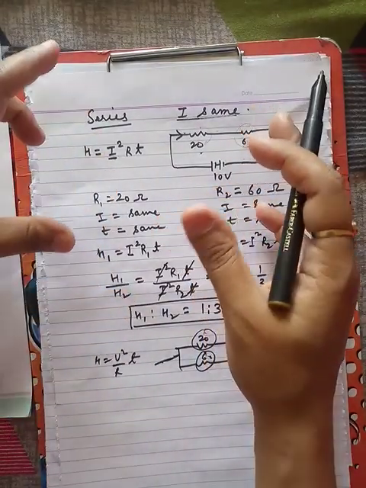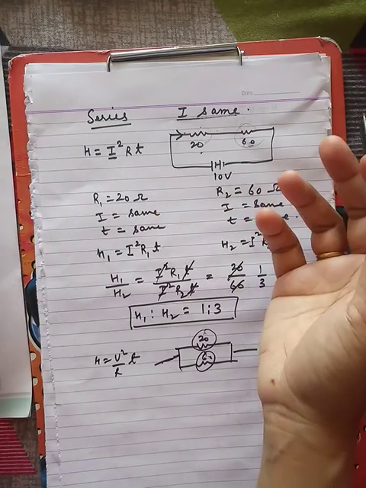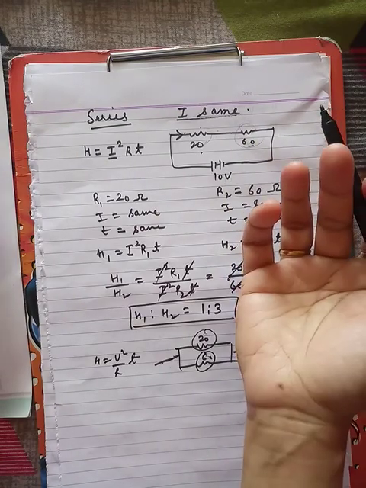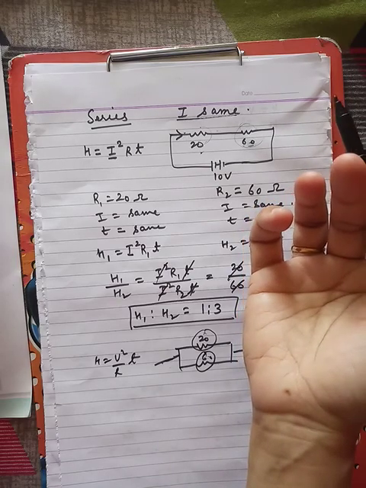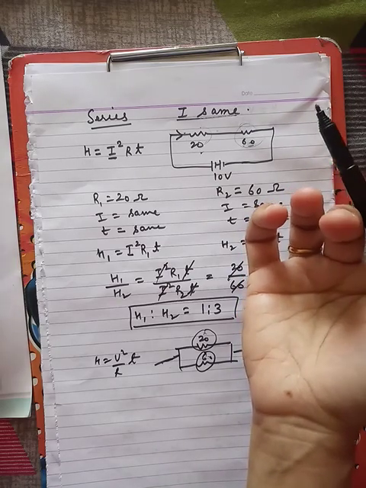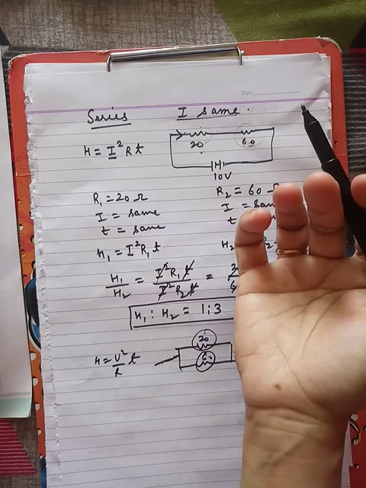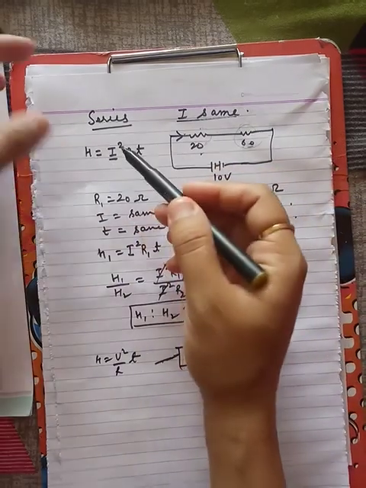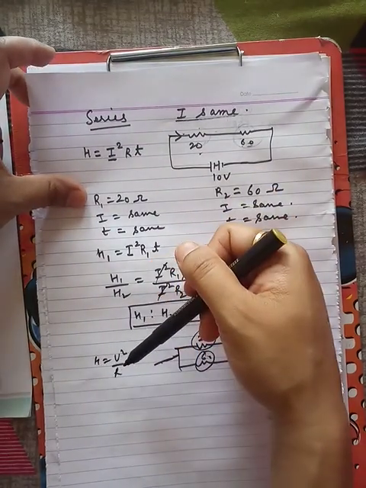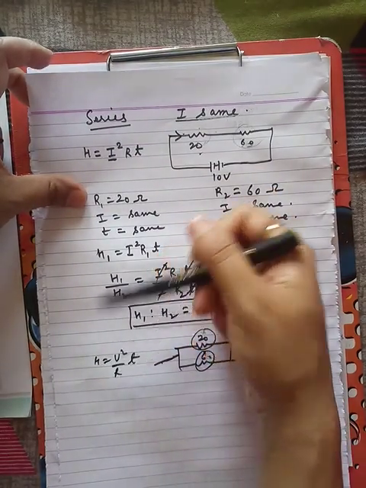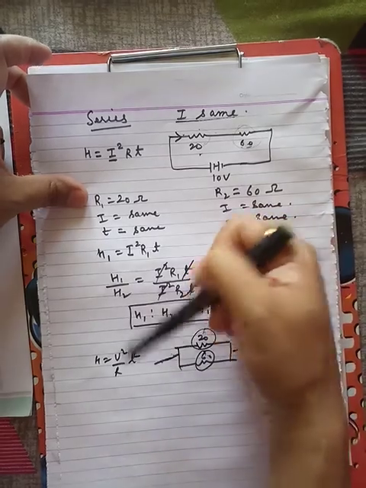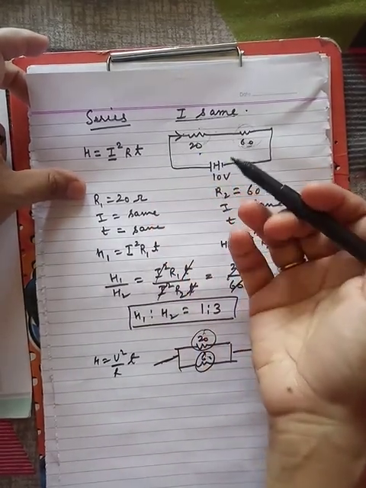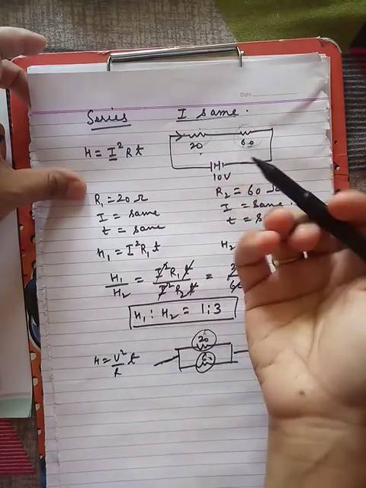A similar concept will be applied for the power case also: in which case will power dissipation be more? If I want to find out, the power has similar formulas. Power is equal to I square R and power equals V square over R. So only T is not there. Here we are not comparing T, because in both cases the resistances are used for the same time.